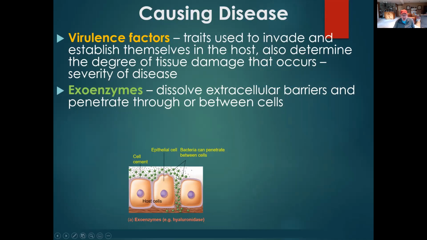And so here we've got the dissolving of cell membrane, and the bacteria now can spill in between the cells and get down into deeper tissues. These hyaluronidase enzymes are notorious for that.